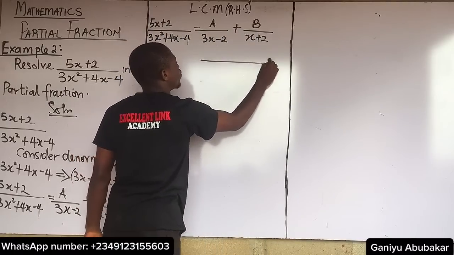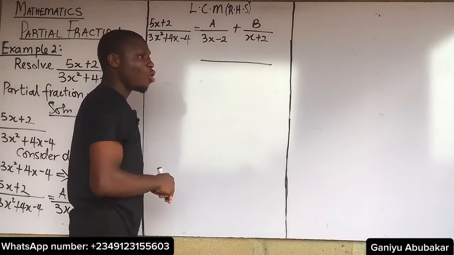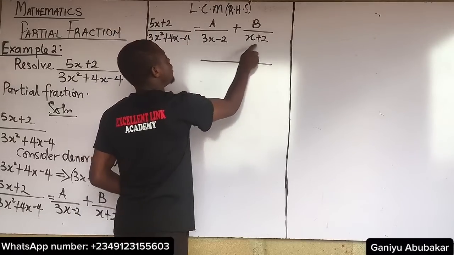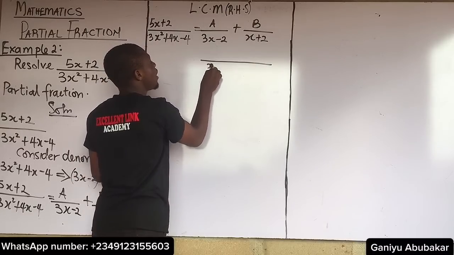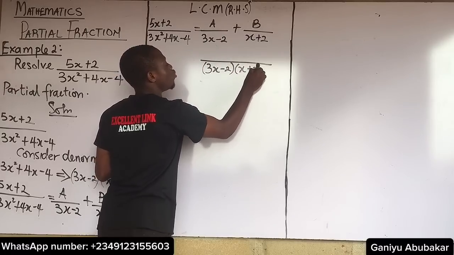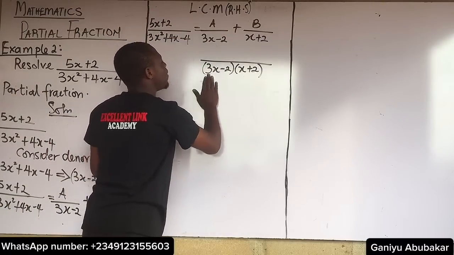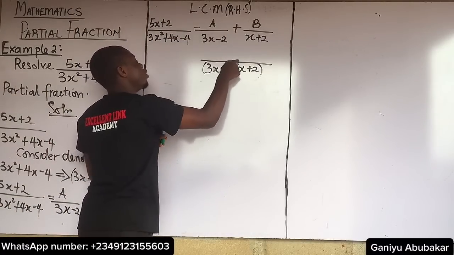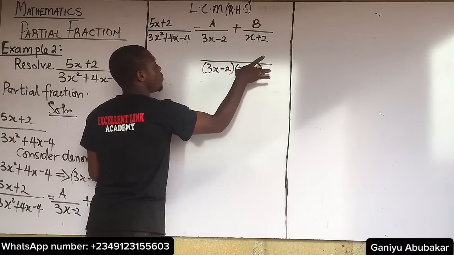So I'll have a line this way. I said whenever you have an LCM of uncommon terms, they are not the same, you pick the two as the LCM. So my LCM here becomes 3x minus 2 and x plus 2. At this point, what's my next task? Divide everything here by the first one. So this one will cancel out, and I'm left with this one. So multiply this by a.